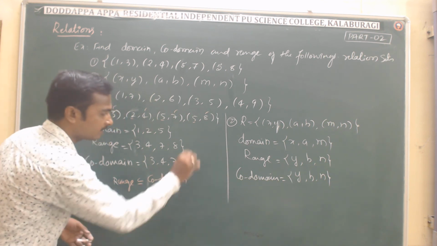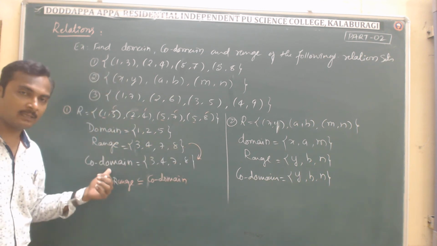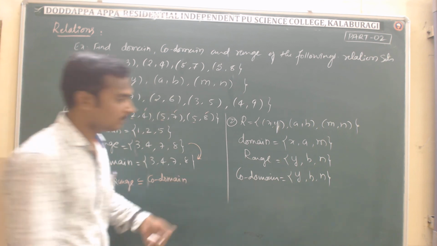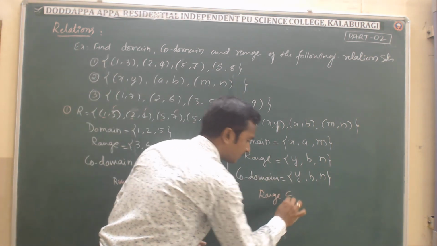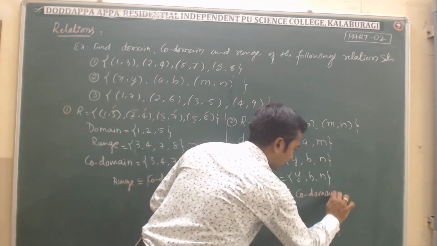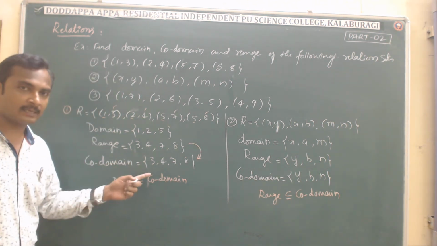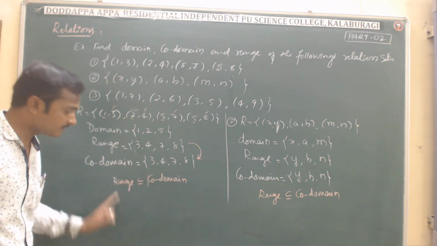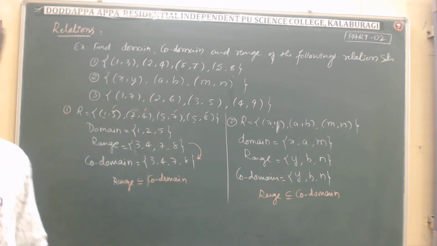You can observe that this range set is a subset of the codomain set. Here also the range set is a subset of, or sometimes equal to, the codomain set. You can observe that the elements of the range and the elements of the codomain are the same. Therefore, the range is a subset of or equal to the codomain. Okay. Note this.